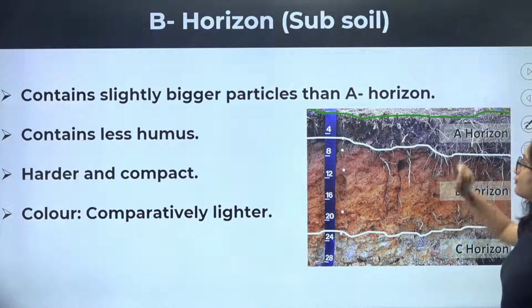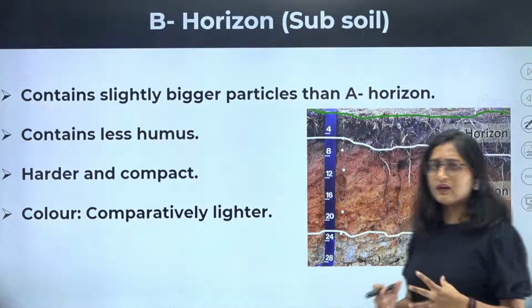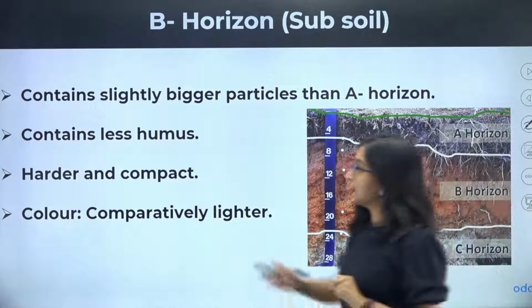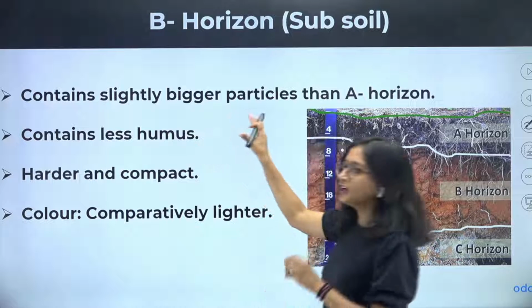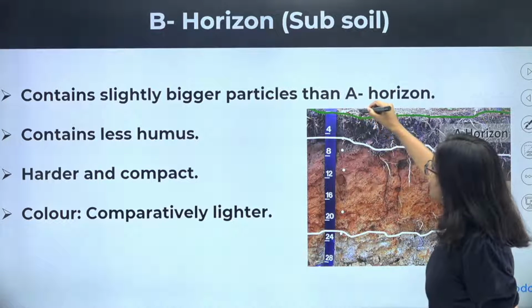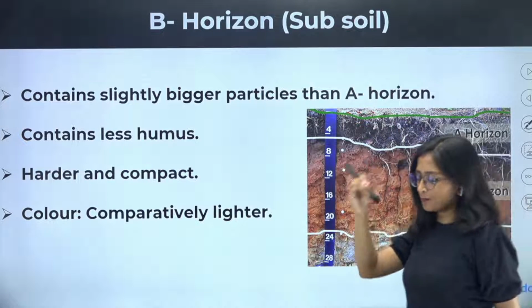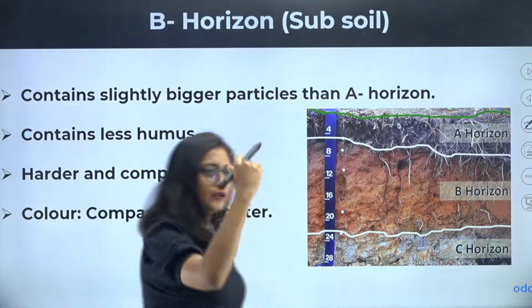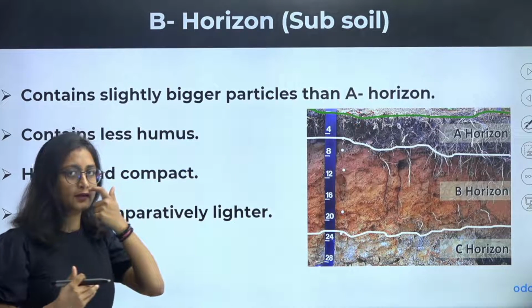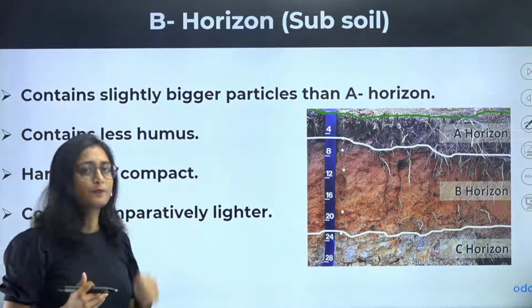Now, if you look at what is there after the A horizon, then we have the B horizon. Now it contains slightly bigger particles than the A horizon. When you look into the A horizon, you will find that there are smaller particles. Now when you are moving down vertically, you will find that the B horizon has arrived by looking at the size of the particles.